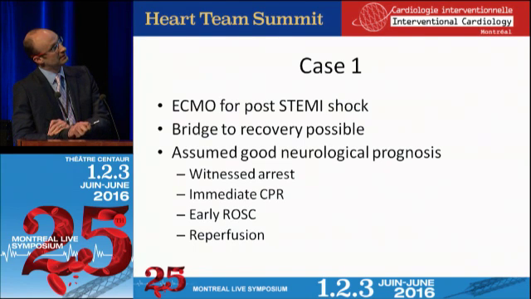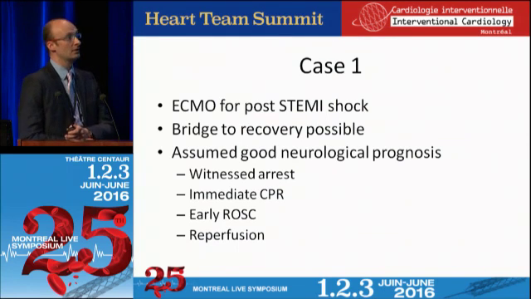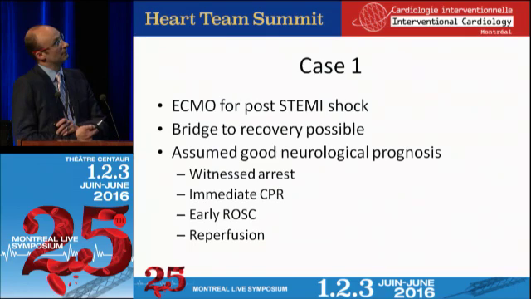The team deemed that the response was fairly rapid in terms of neurological criteria and early reperfusion, so there's a fairly good chance that ECMO could be a good bridge to good recovery, as it was a witnessed arrest, with immediate CPR, fairly early return to spontaneous circulation, and fairly early successful reperfusion. These would all be good prognostic reasons, as per our criteria in the ECMO protocol, to go with fairly rapid, aggressive hemodynamic support.